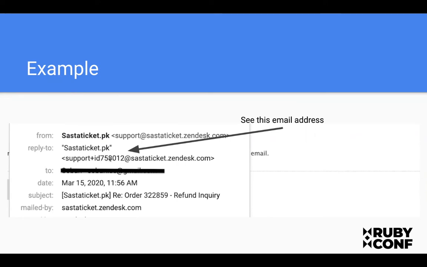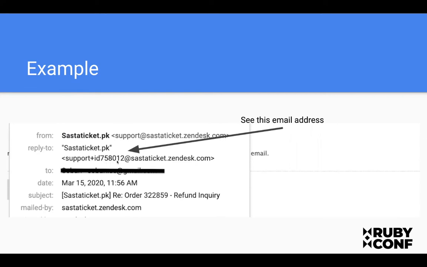Let's discuss what this is about. In the email they use the ID of the support ticket. When the user replies to this email, the reply will be sent to the system, and the system will record that reply against some ticket and add it as a comment to that ticket.